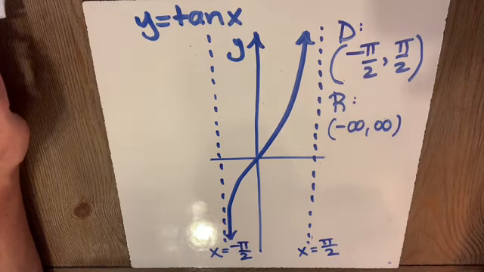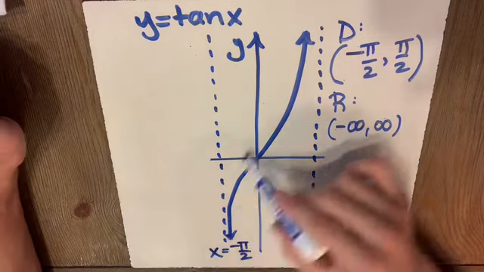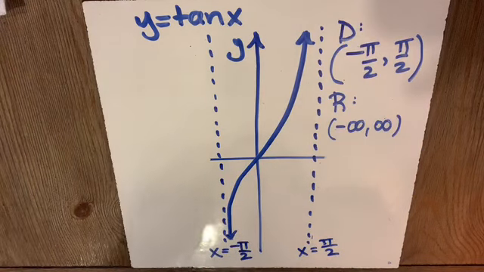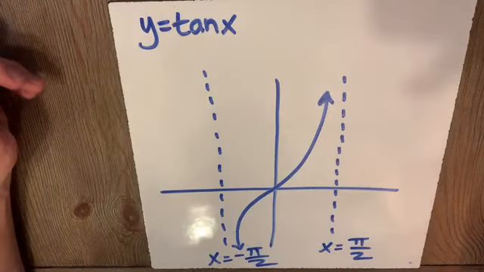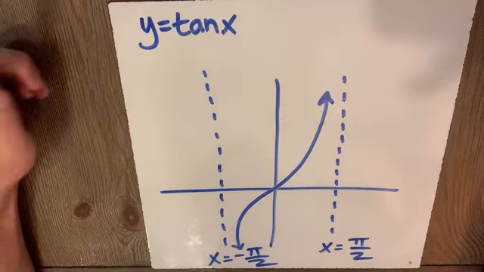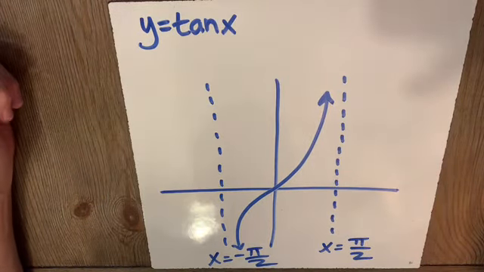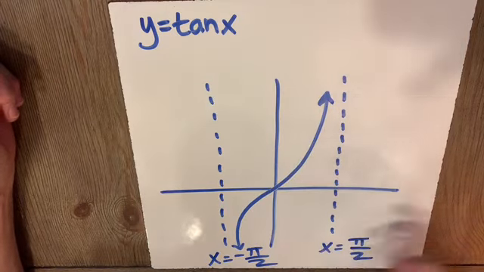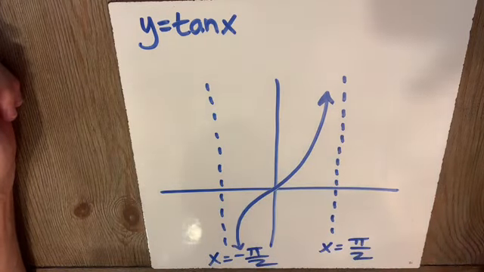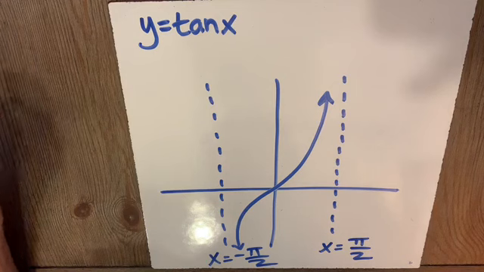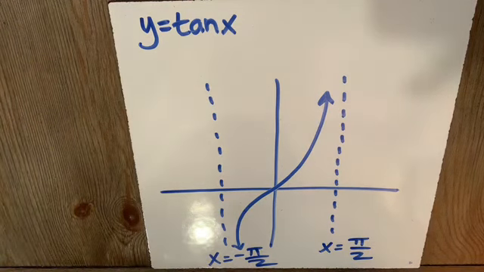Well, what happens when we reflect this over this line, y equals x? So I've just drawn one cycle, one restricted domain cycle of y equals tangent x. When we reflect this over this diagonal line, y equals x, to find its inverse function, look what happens to our vertical asymptotes.